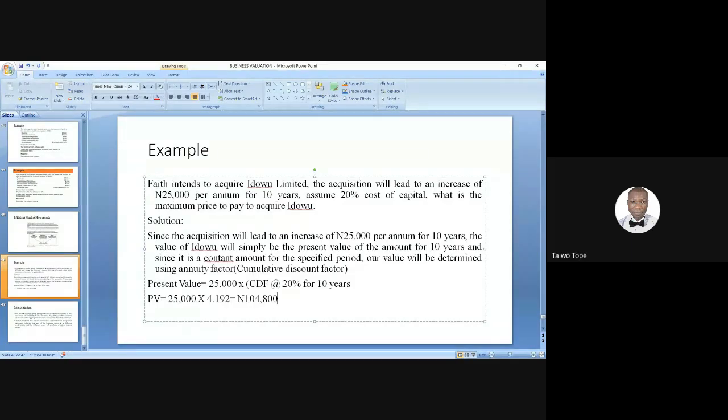But based on the question you asked, where the inflow is not constant, we determine the discount factor yearly and not use annuity. And where the question wants to test your understanding of inflation, you apply the inflationary trend as the question prescribed to you.